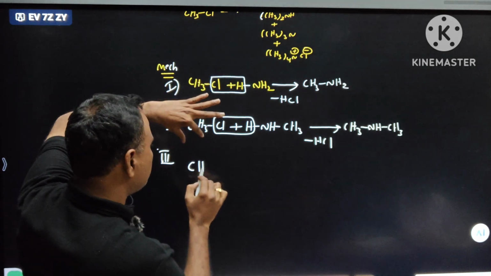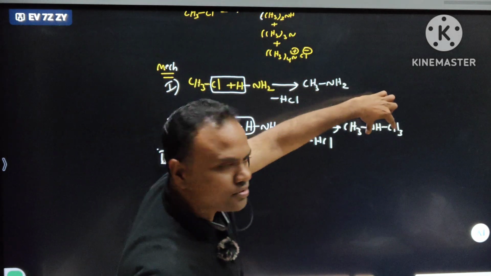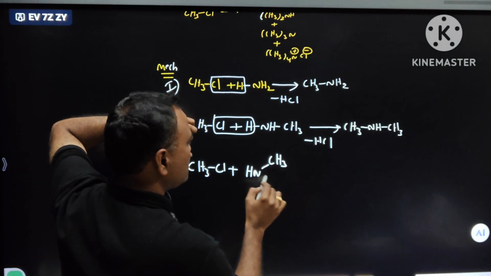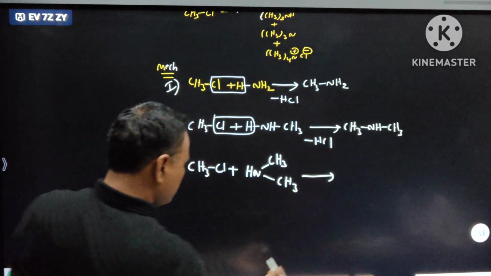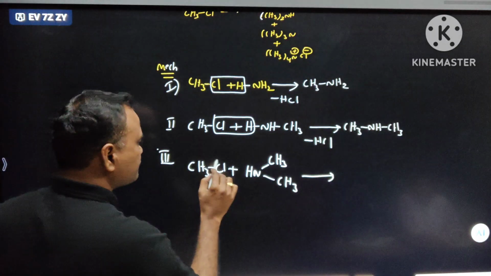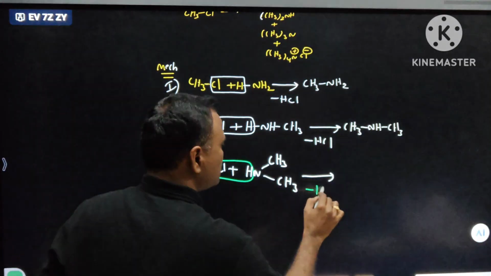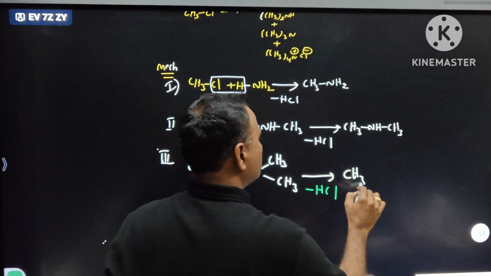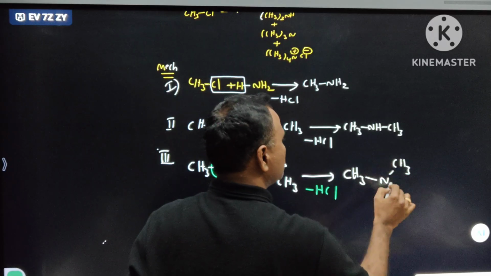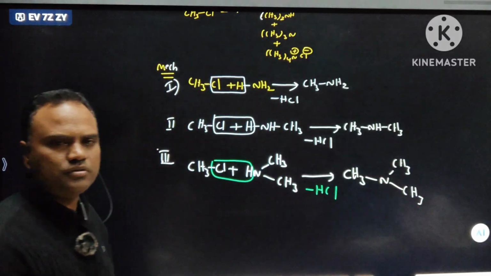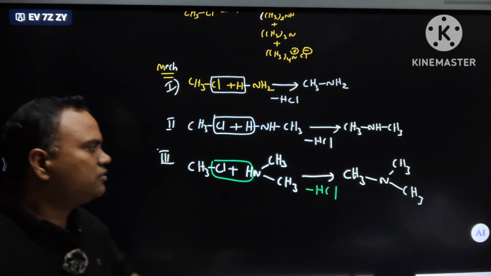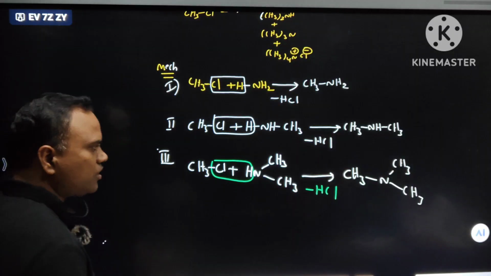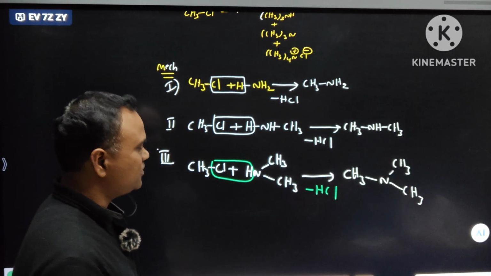Again, this secondary amine reacts with another alkyl halide. CH3Cl is common. Now write this, again remove HCl. You get (CH3)3N, tertiary. Again this tertiary amine reacts with methyl chloride, but now hydrogen is not there to remove.